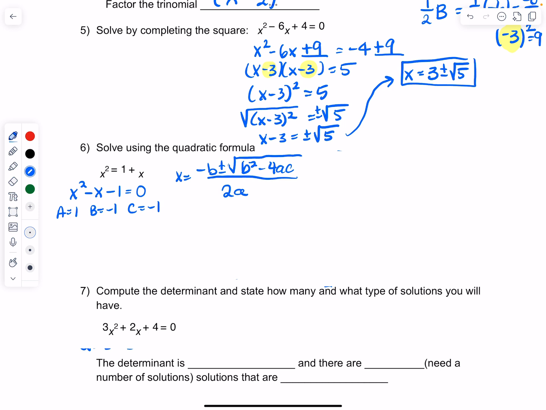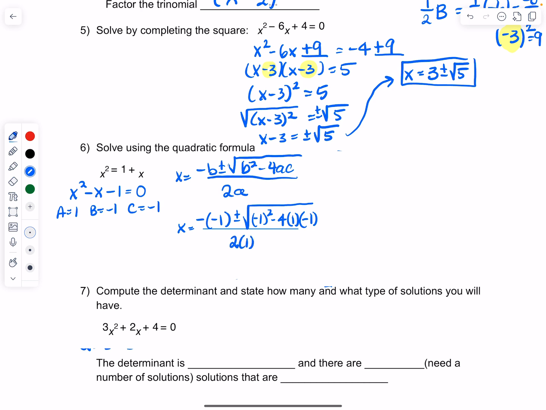Now I'm simply going to plug in those values into the quadratic formula. Okay, negative b, so negative -1 plus or minus the square root of, now I have b squared, which is -1 squared, minus 4 times a, which is 1, times c, which is -1, all over 2 times a, which is 1.